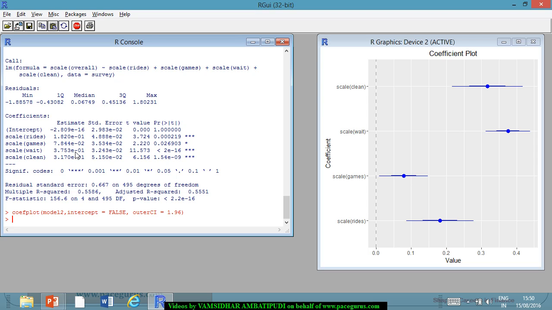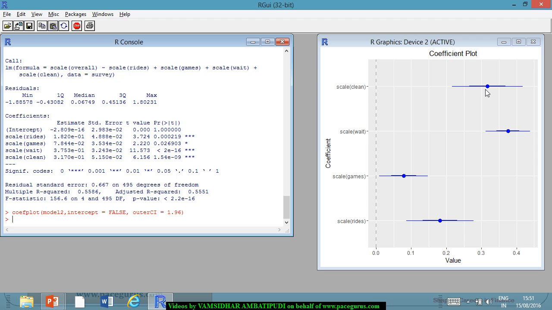Small difference you could see now here. The satisfaction with respect to the waiting times is looking more and more significant compared to the cleanliness. Earlier it was seen that the cleanliness was given the highest weightage, but now there is a slight difference in the overall allocations.